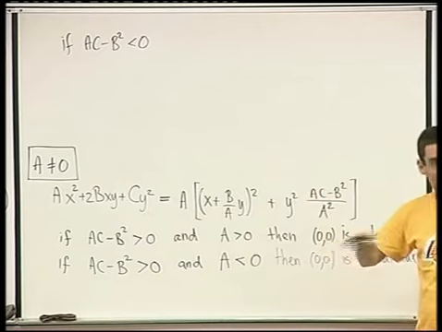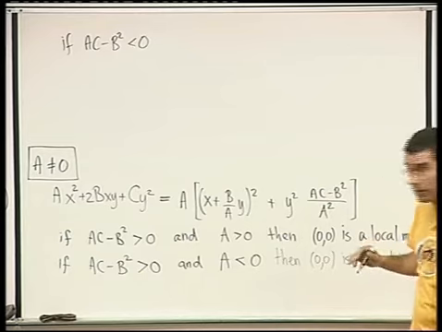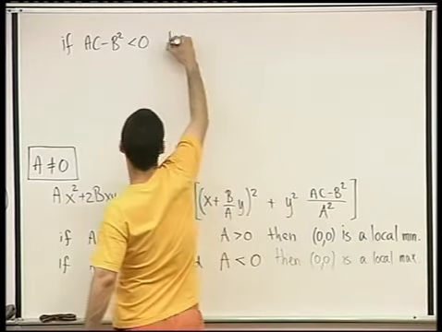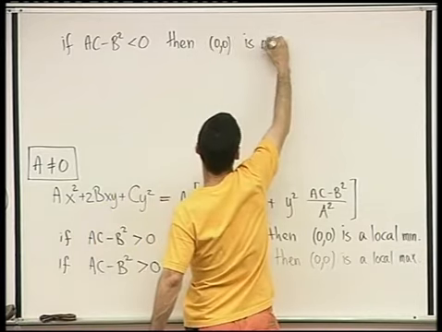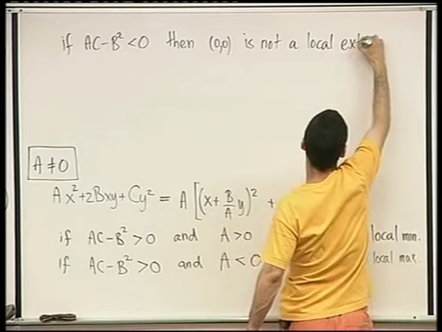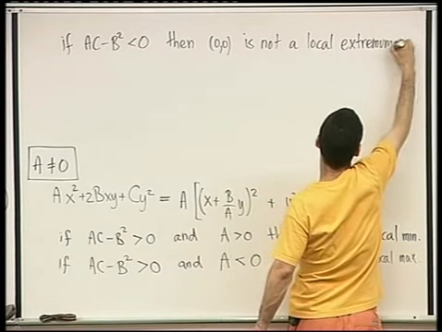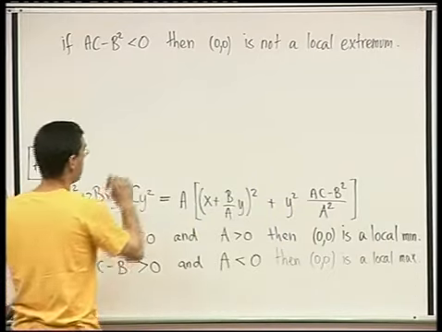In nearby points, you have lesser values, and in other nearby points, you have greater values. Then 0, 0 is not a local extrema. Why? Why is that true?